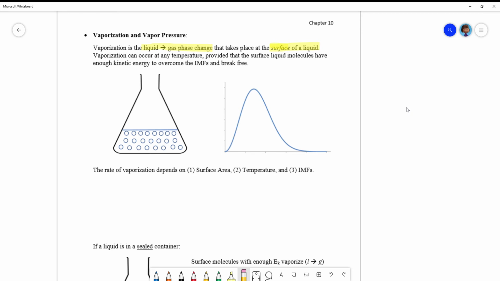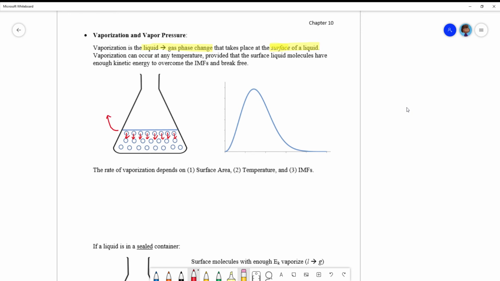So for starters, we know that the only liquid molecules that matter in vaporization are these at the top, the surface molecules, not the interior ones at the bottom. Now, I showed you a little while ago that the net effect of all of the interactions experienced by surface liquid molecules is primarily in a downward direction. So we can think of all of these surface liquid molecules essentially being pulled towards the bulk of the liquid, towards the interior molecules.